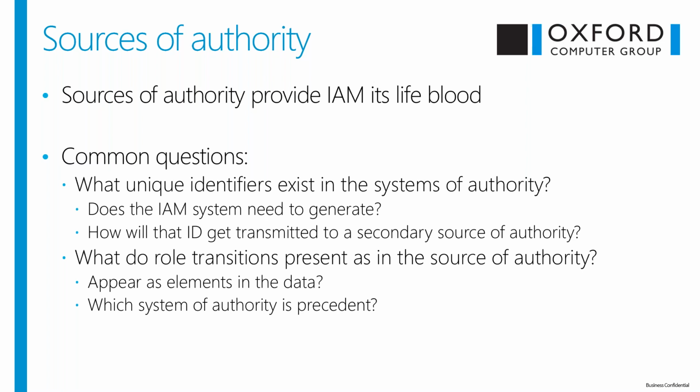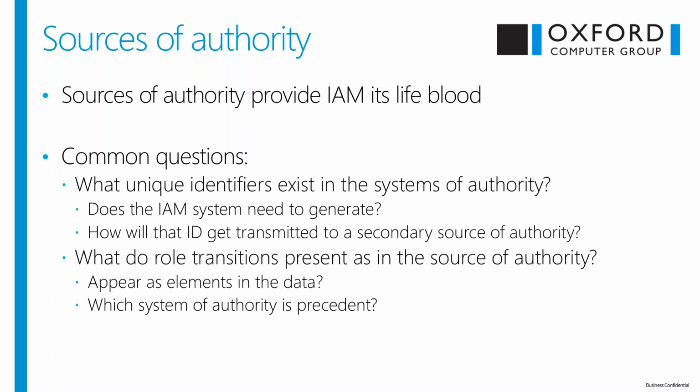Sources of authority can be an HR system, an ERP system. In this case, we're looking at a student information system, right, with Banner. And so some of the common questions that we ask when we're doing an engagement to kick this off, we always look for what are the unique identifiers that exist in the system of authority.